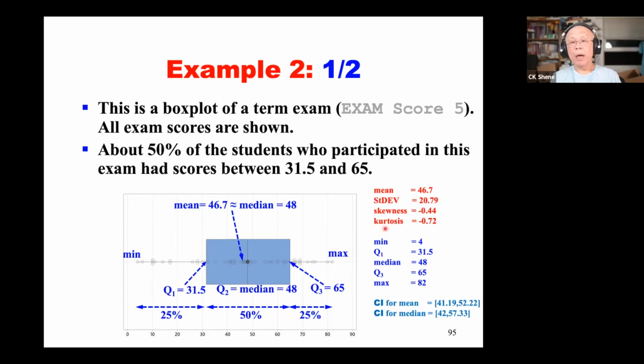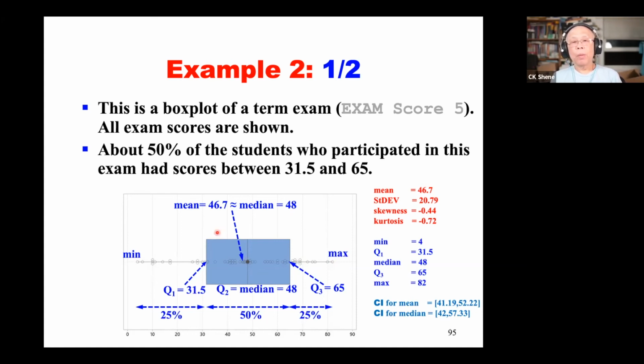And the mean value is 46.1, so close to the median. The confidence interval for the mean is this. You could also draw the confidence interval for the median here, but because the graphic would be too busy, I did not put these two confidence intervals in.